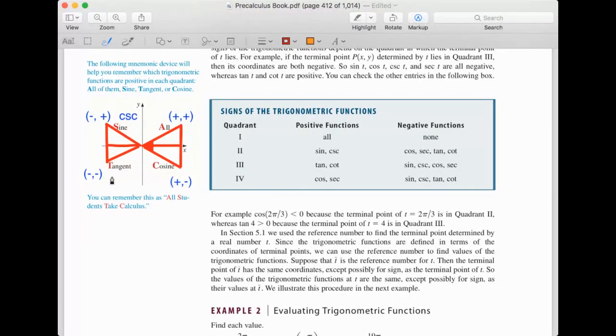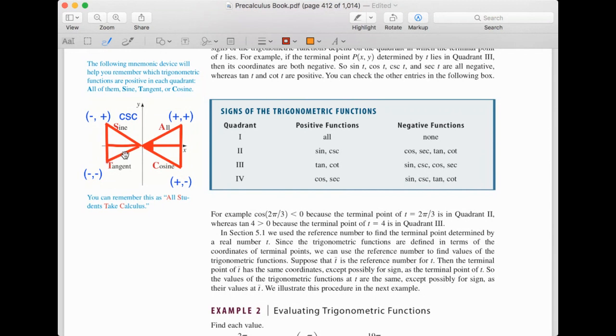Well, let's think about tangent in the third quadrant. Tangent of the angle equals opposite over adjacent. Well, negative divided by negative, that's still positive. But think about the sine. Sine is opposite, which is a negative value, divided by hypotenuse, which is a positive value. So sine is negative. Cosine is adjacent over hypotenuse. Adjacent is x value, which is negative, divided by hypotenuse, which is a positive value.